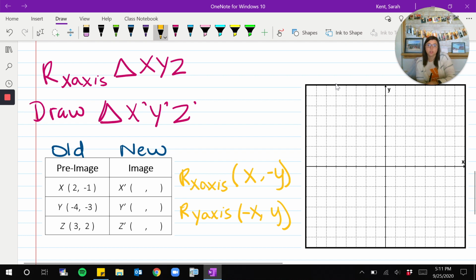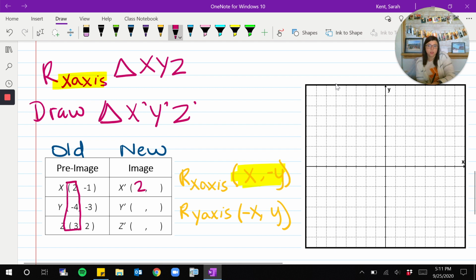So here we are looking at flipping over the x-axis. So I want to pay attention to this rule right here. I want the same x, but the opposite y. So I want all of these x's to be the same.